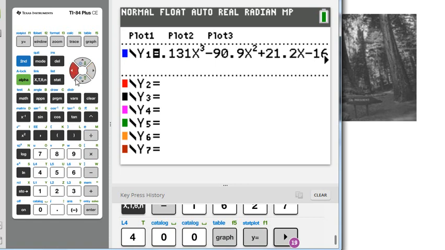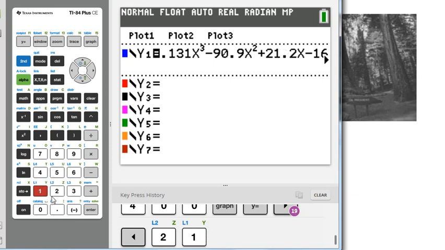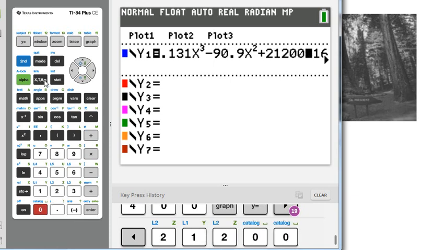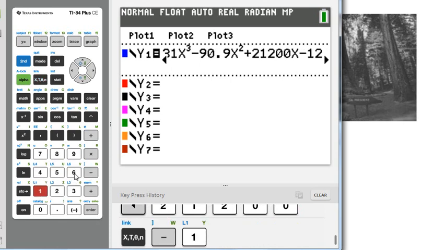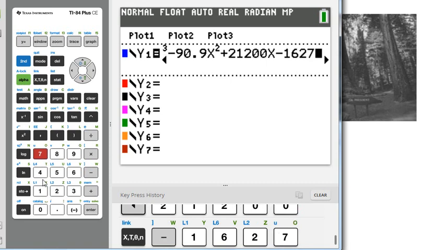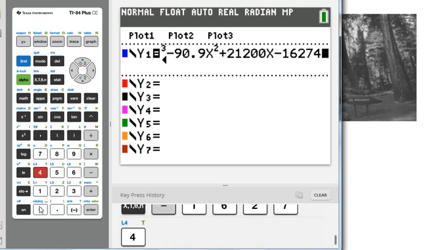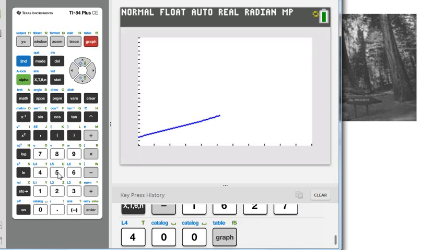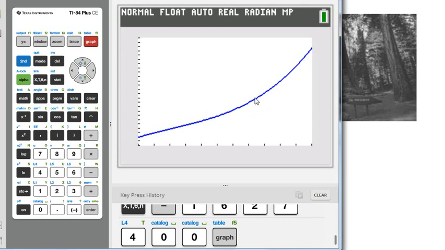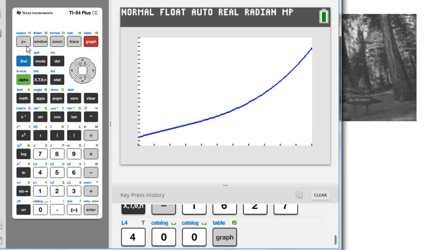Let's try that: 21,200 x, and now we're going to have minus 160,400. Okay, I think it's right now. Let's check it out. Okay, yeah, it looks better. So we see the shape of that curve.